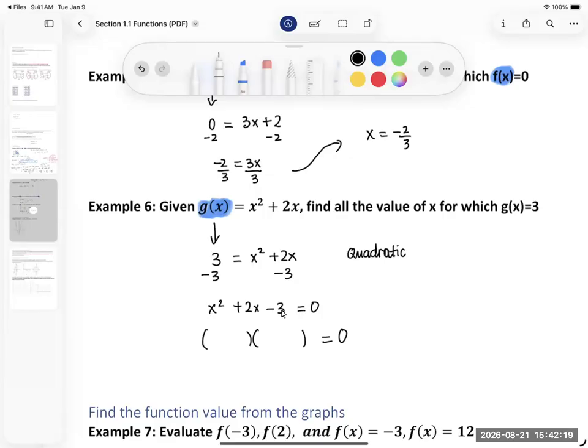And we also need to find two numbers that multiply to give you negative 3. And x squared can be broken down into x and x, because x times x is x squared. And then negative 3 can be 1 and negative 3, or negative 1 and 3, etc.